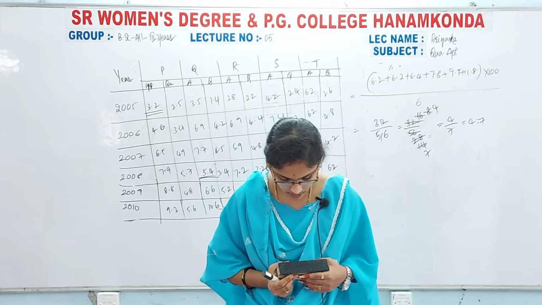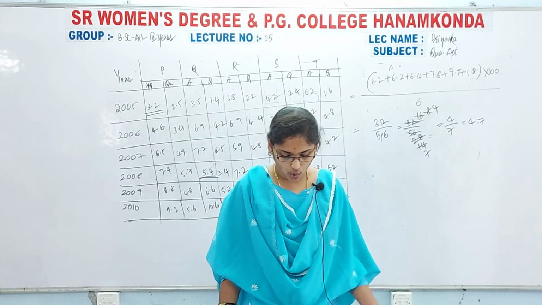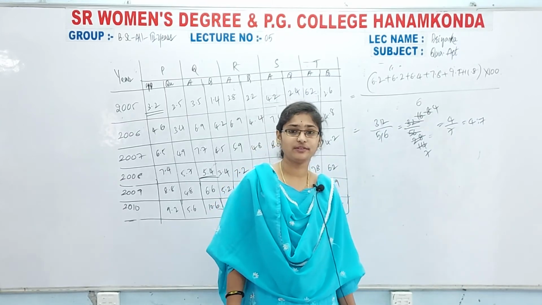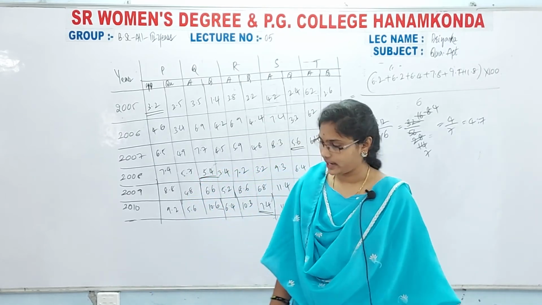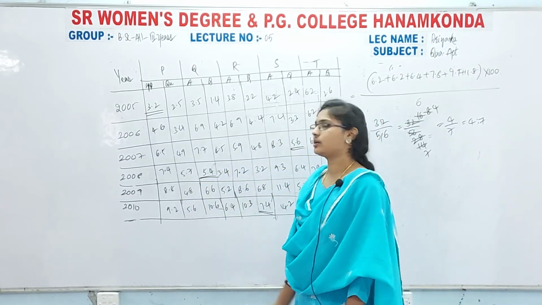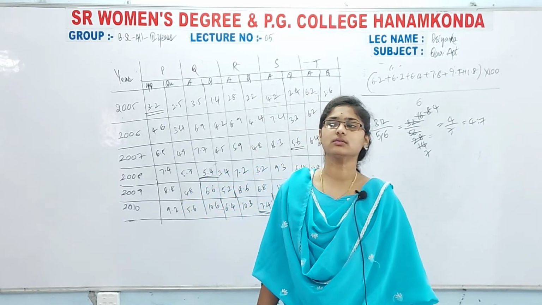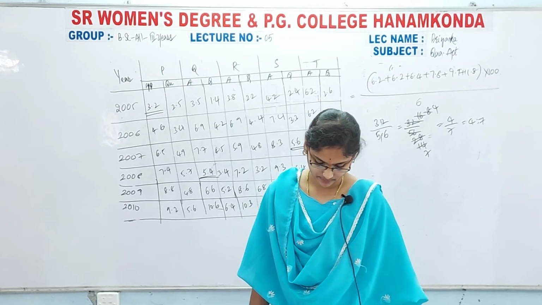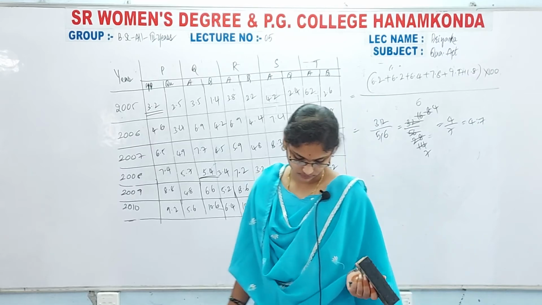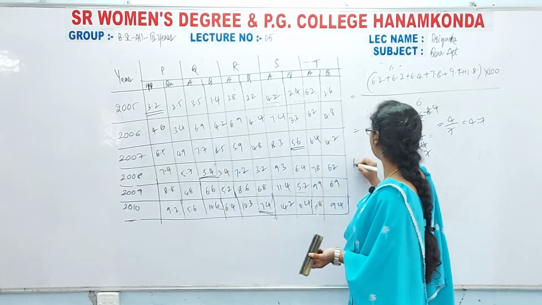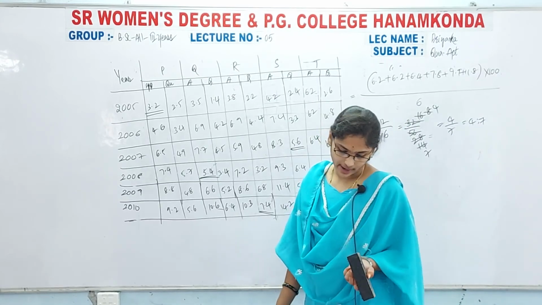Now write down the total number of candidates who qualified the test in 2009 and 2010 from various zones. For P zone, first of all we have to calculate the qualified percentage, no?